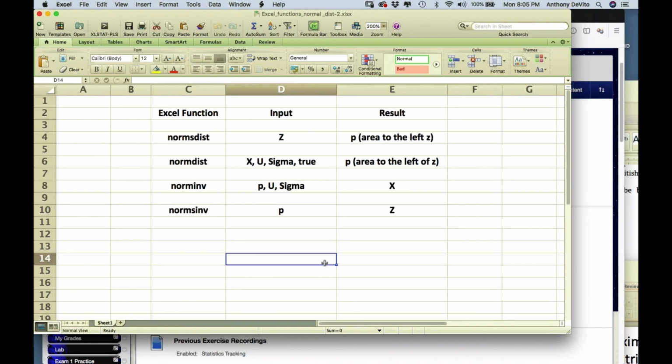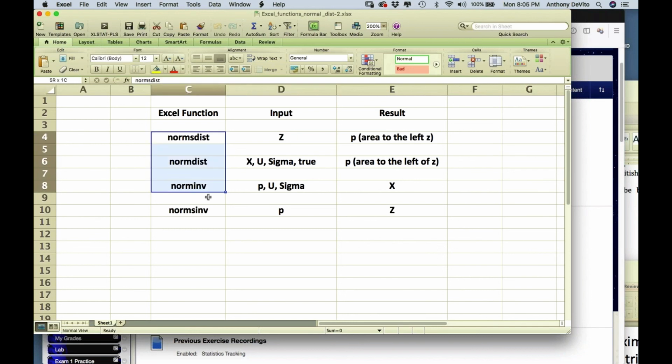This basically is a summary of 4 functions in Excel, which will help us do the calculations that we just described using the z-table.